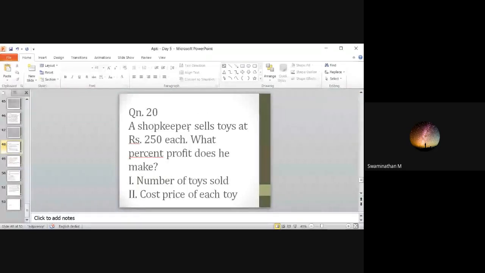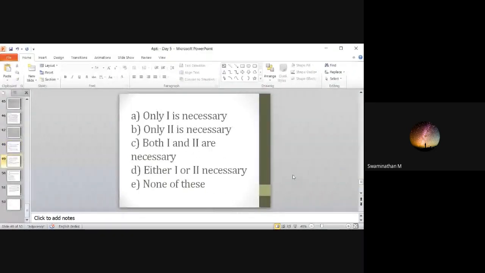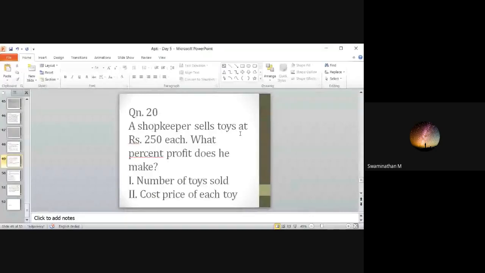You have the selling price, you have to find the profit percent. Number of toys sold is the first option and cost price of each toy is the second option. Yes, only 2 is necessary, not both, because it is profit percent. If you want to find the profit amount, you need the total number of toys sold.